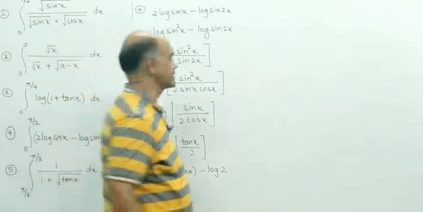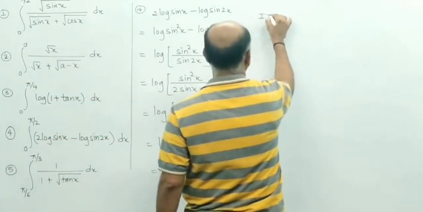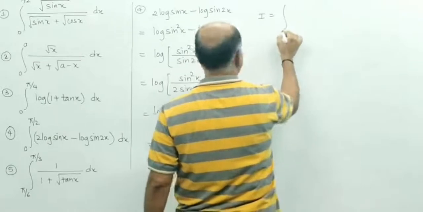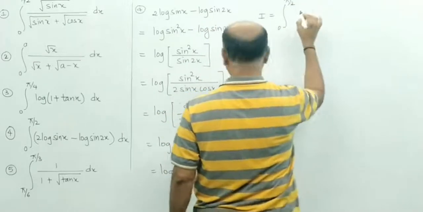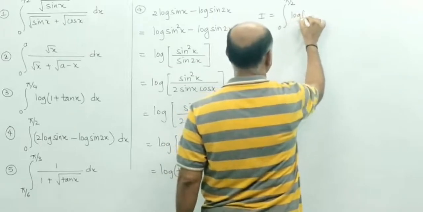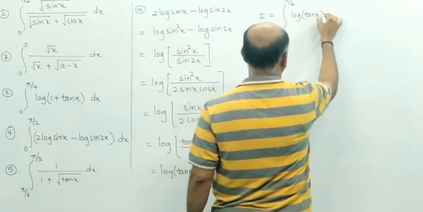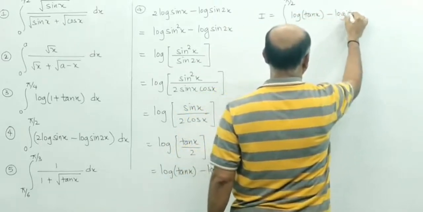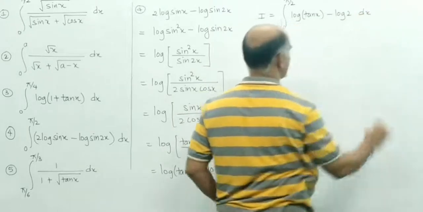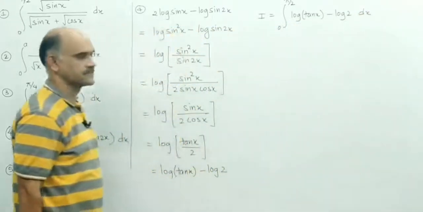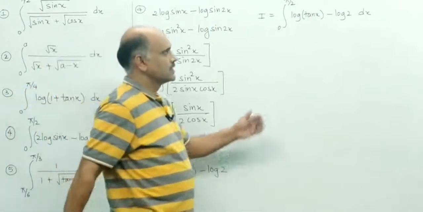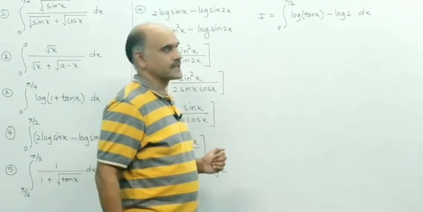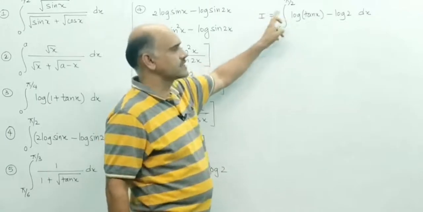It becomes easy. So now if I take I is equal to integration 0 to pi by 2 of log of tan x minus log of 2 dx. Clear, students? Now you can solve it separately, or you can use it directly.